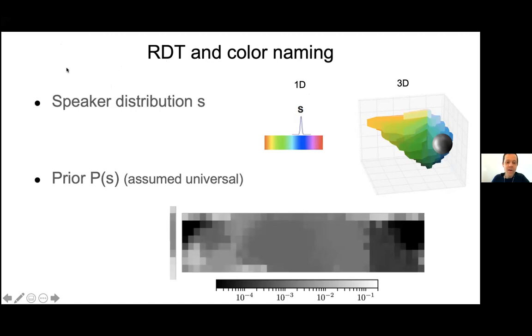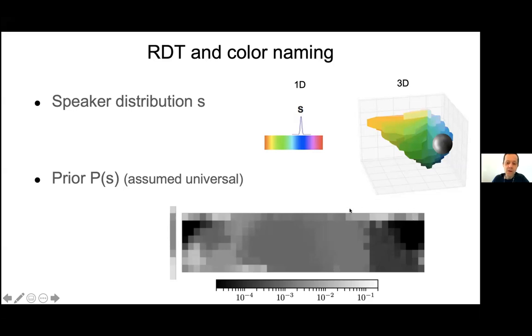Okay, so the second element we need is the prior distribution. For color naming, this gets cashed out as a distribution over all of the color chips in the grid here, which captures something like the probability that speakers will need to talk about those different hues.